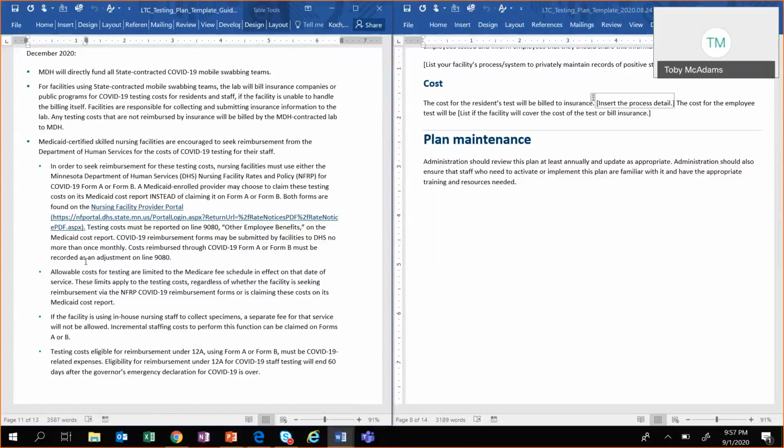So every one of us as leaders needs to be thinking about, okay, what is my short and long-term strategy going to be? And you might find that you want to do a little bit of mix and matching. So maybe my short-term strategy is that I'm going to leverage the resources I have available. I am going to get trained by a state contracted swabbing team. That's going to get covered for this first round.